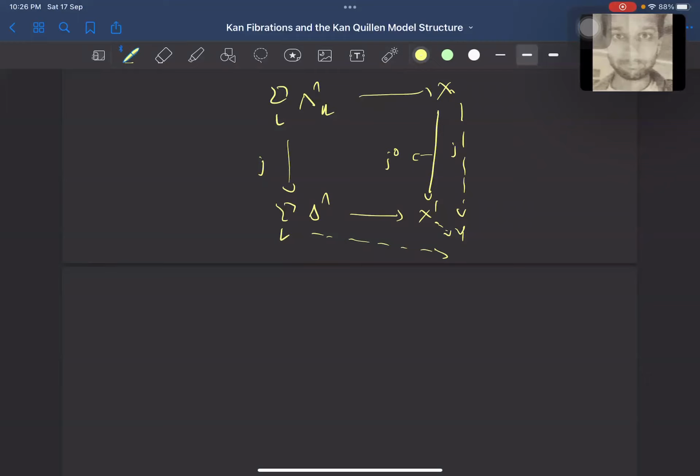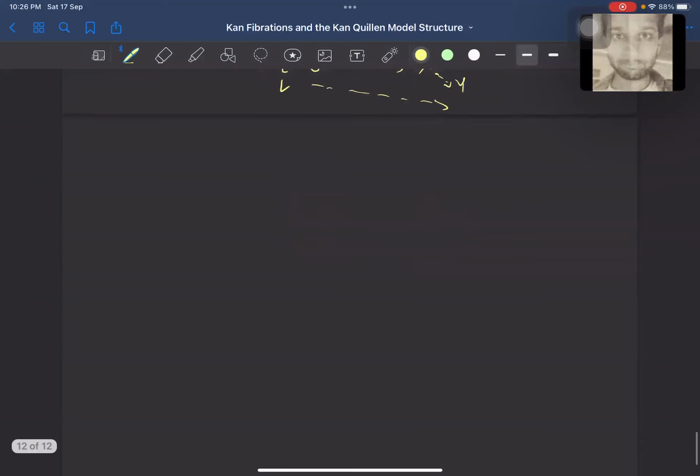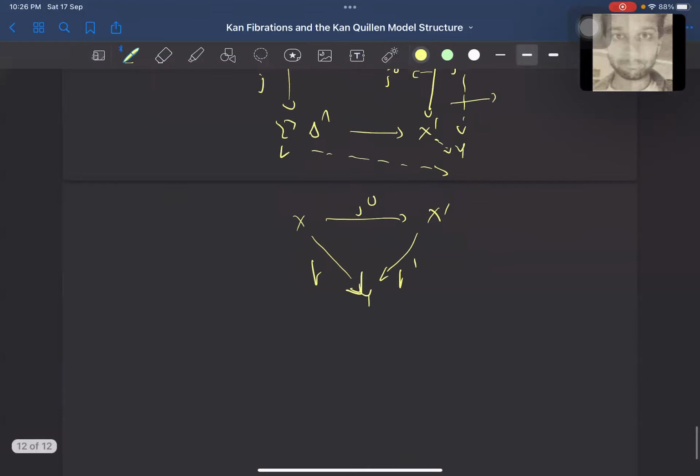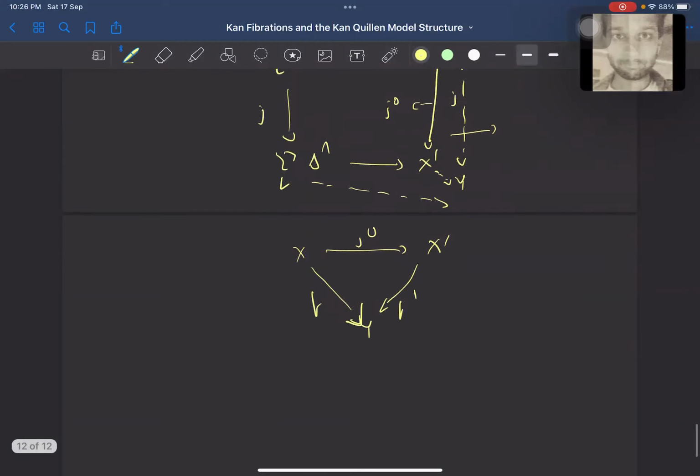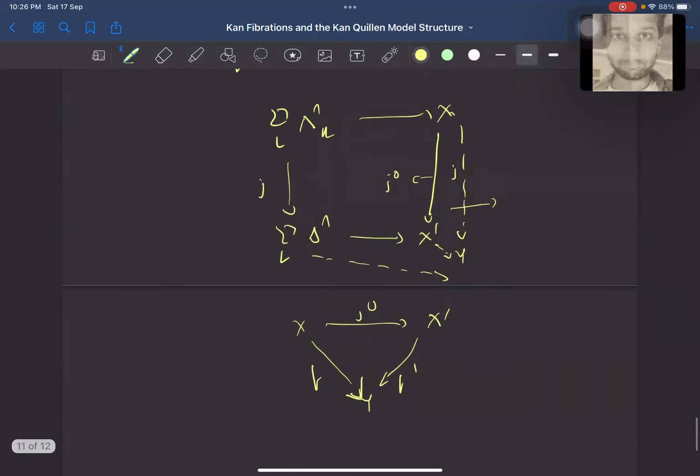I'm not sure how to use the pointer, so maybe I'll draw it again. We'll have this as a commutative diagram. This map right here, call it F'.